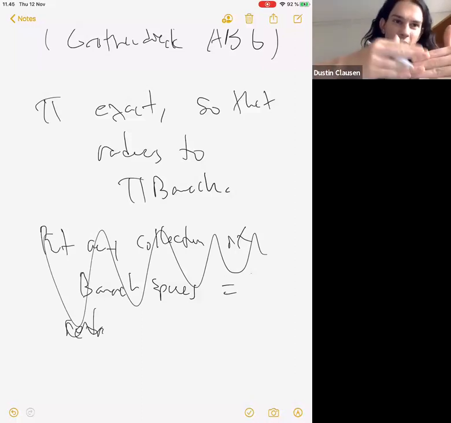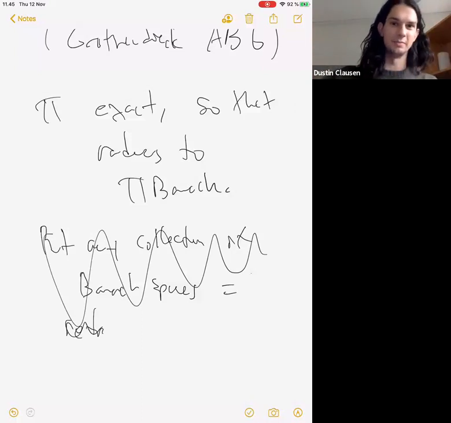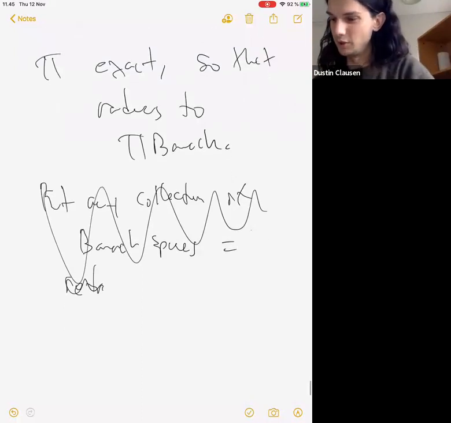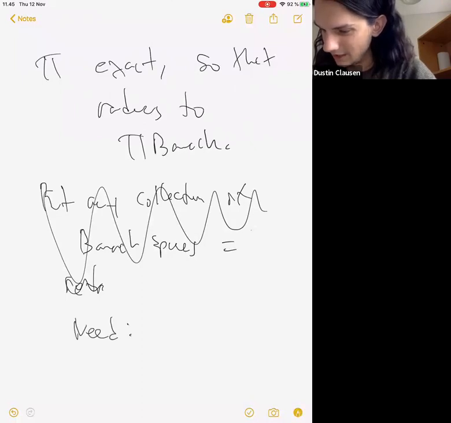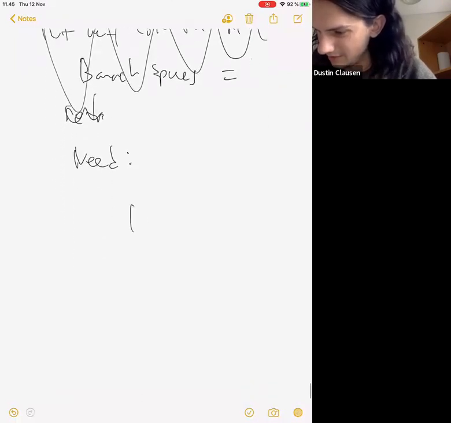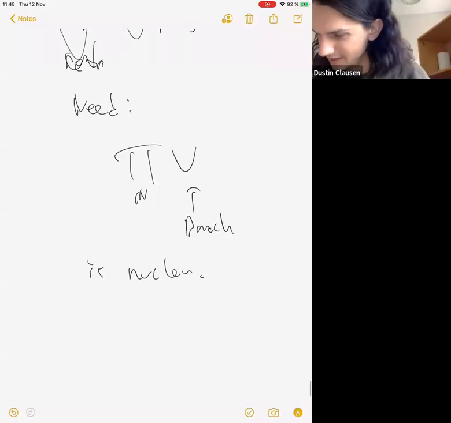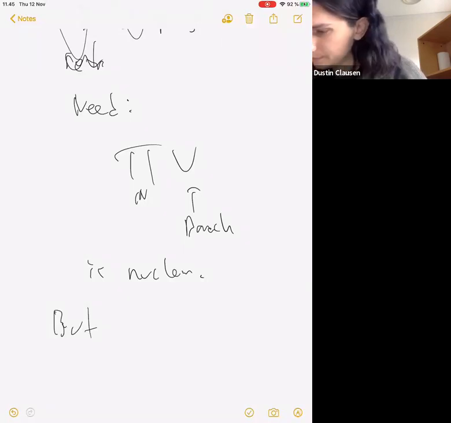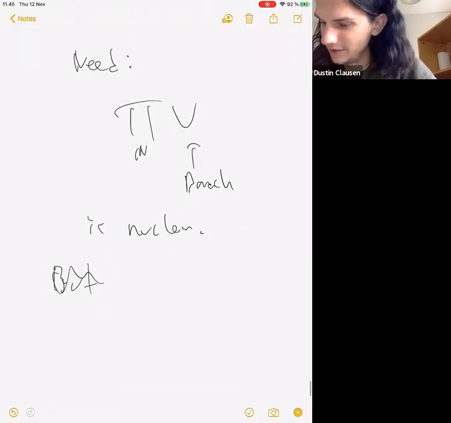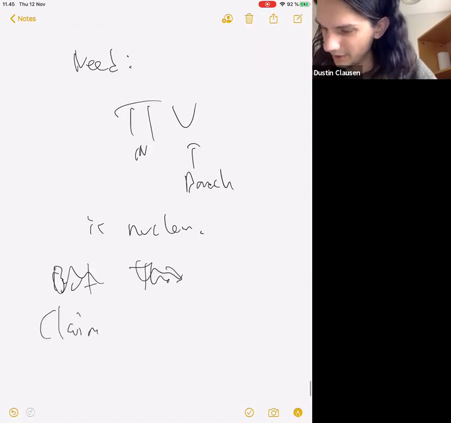When you increase the dimension, you're always a retract of the next one by choosing a basis. So we might as well assume all of them are the same. So what we need is that a product of copies of a single Banach space is nuclear.